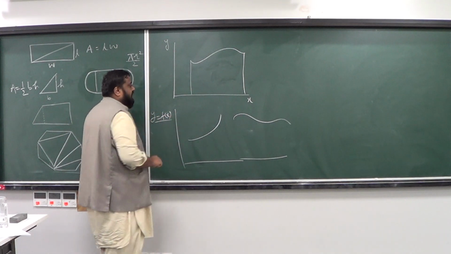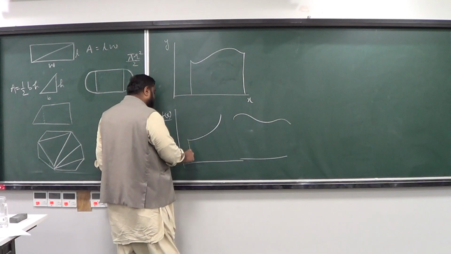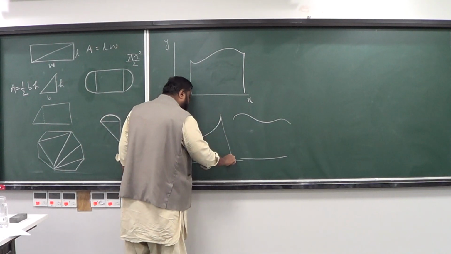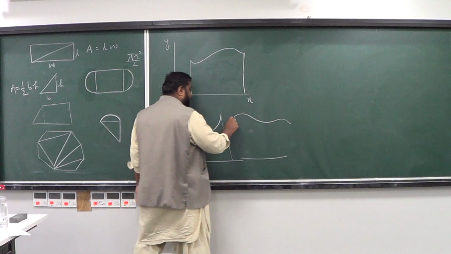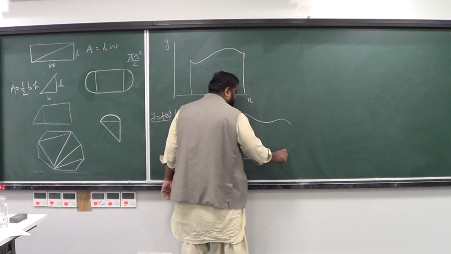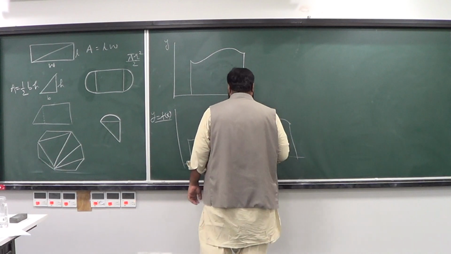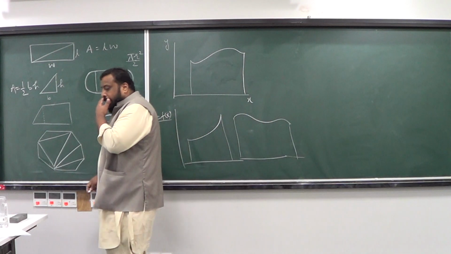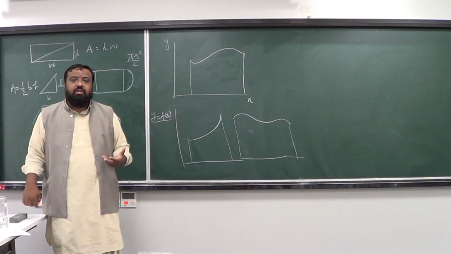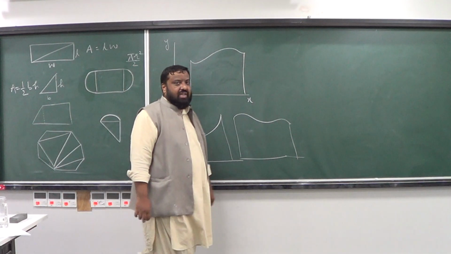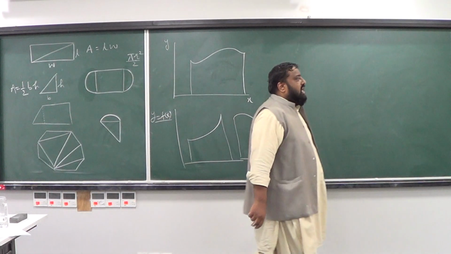The question is, can I have a consistent method for finding such areas? This is the fundamental question that Newton and Leibniz asked.